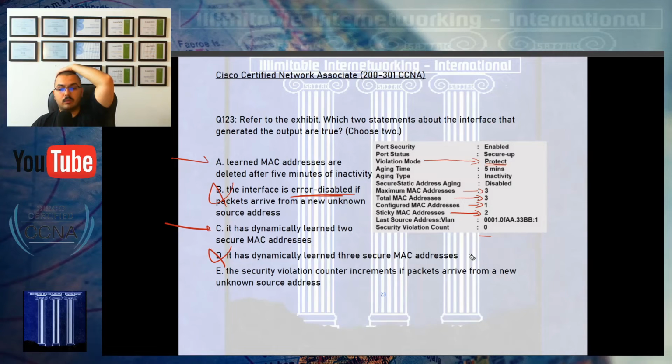I'm not sure about it, because protect will discard the frame silently without logging, but is it that silent? So even the violation will not work? This is half correct. I'm not sure about it. I need to lab it and see if the count will increase, but since it's choose two and these two are definitely correct, then that's it. You can jump in.